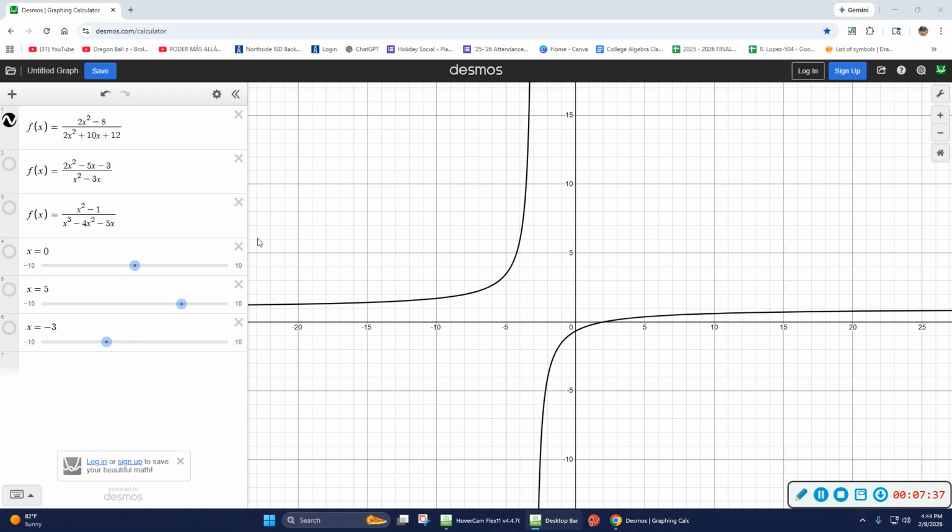Plugging negative 2 into this equation gives me negative 2 times negative 2 is 4. 4 times 2 is 8. 8 minus 8 is what I get on top, which results in 0.